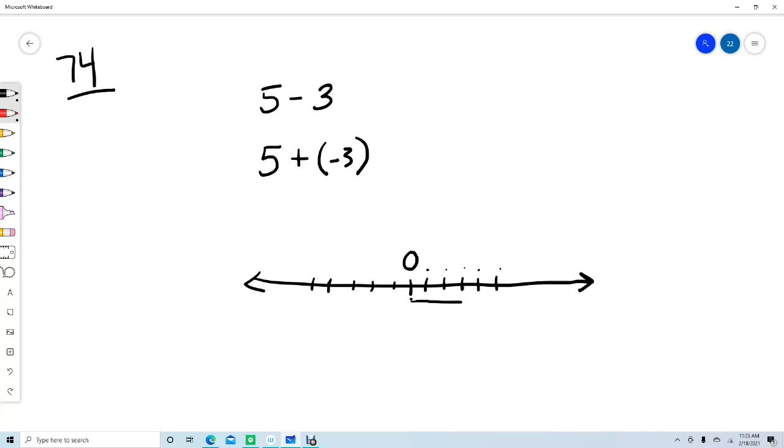So I would go in the positive direction to 5, and then I would go in the negative direction 3, and that would bring me to 2. So my answer is 2. So they're trying to help you keep that in mind and also understand that 5 minus 3 is the same as being at 5 and adding a negative 3. You're still going to head in the direction 3 units on your number line.